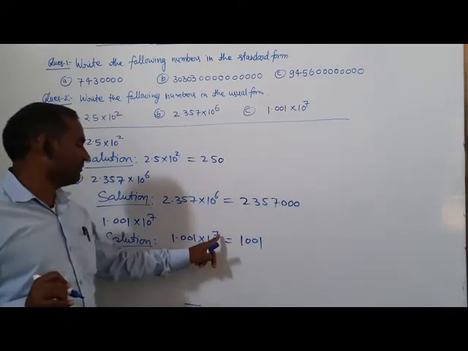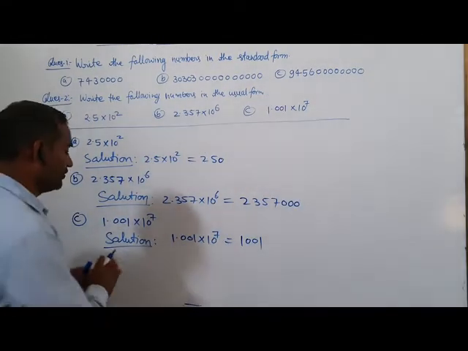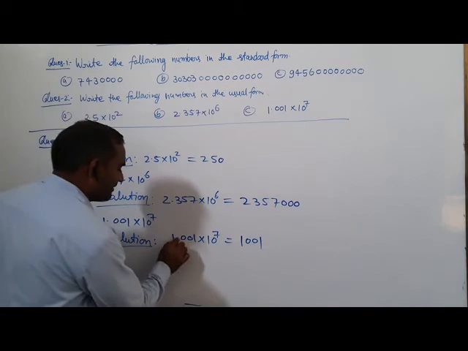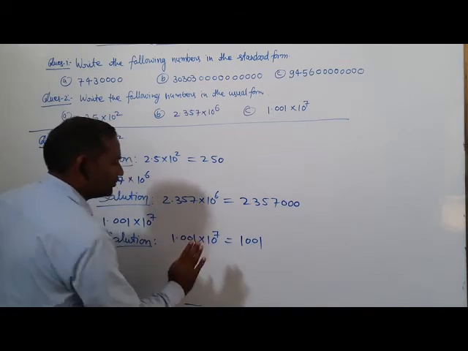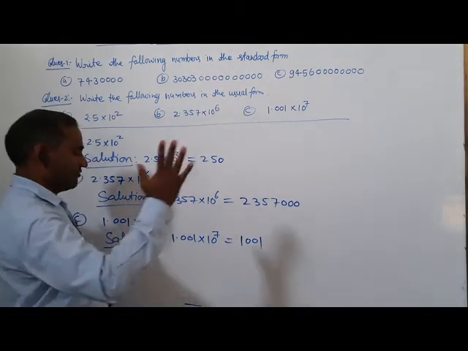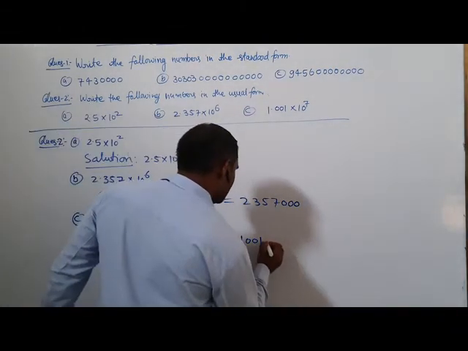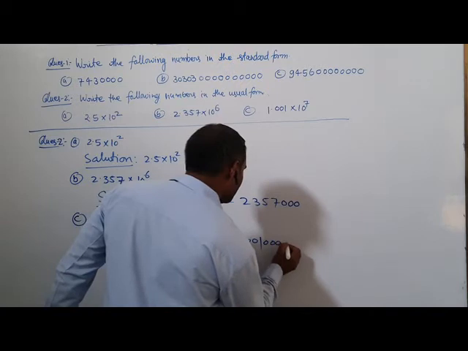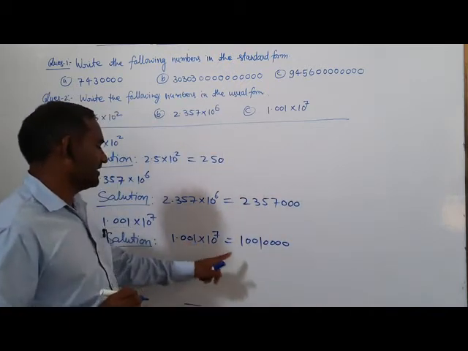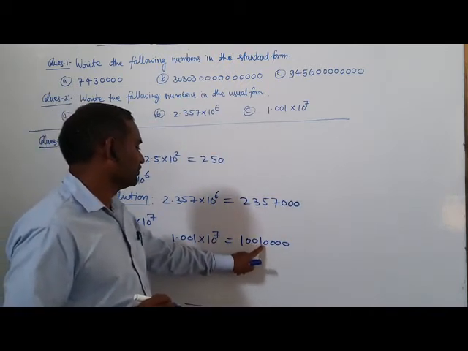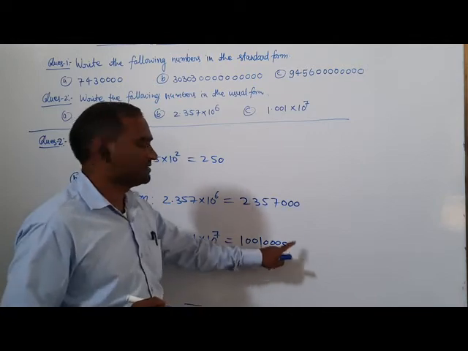What is the power of 10? 7. So 3 places are used after the 1, and you have to write 4 more digits, counting 1, 2, 3, 4, 5, 6, 7 places.